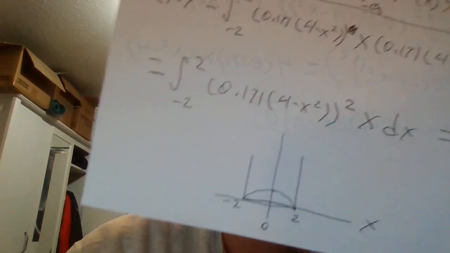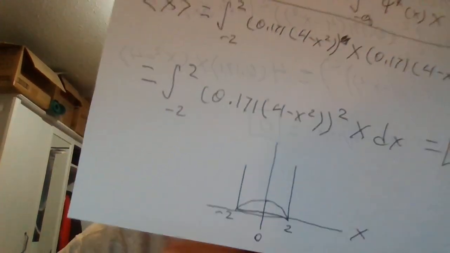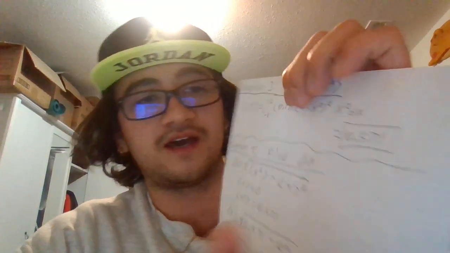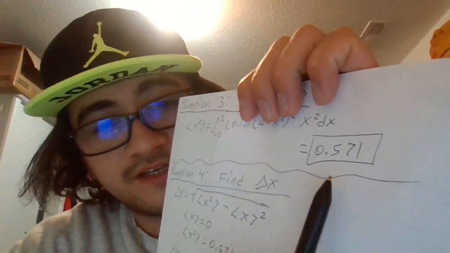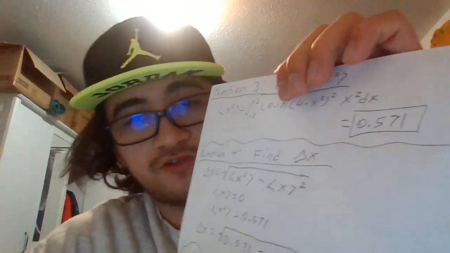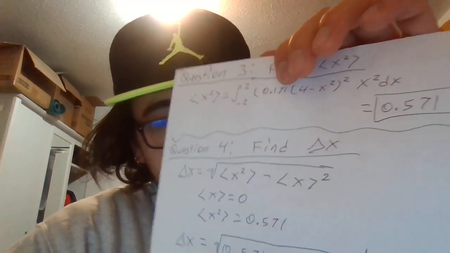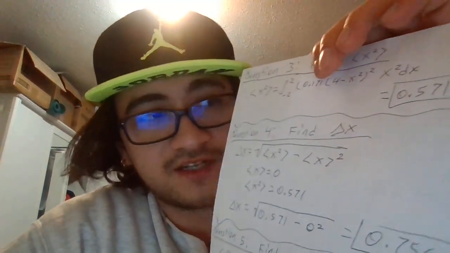You find the average of that over all x values, and you get a positive non-zero number, because squaring all the negatives always gives you a positive number. So that's the answer to question 3.